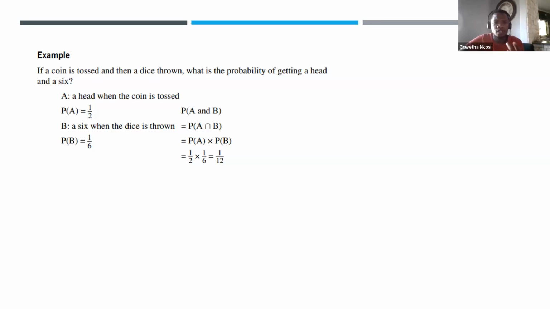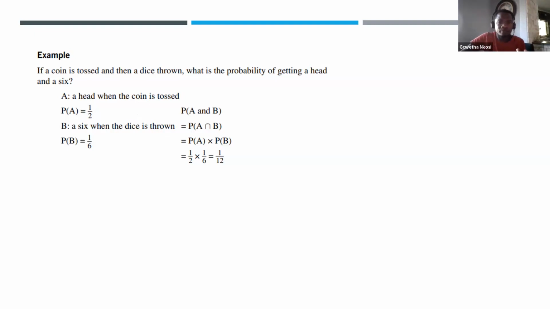Then for getting a 6, you look at the sample space 1, 2, 3, 4, 5, 6. How many times does 6 appear? Only once. So it's 1/6.